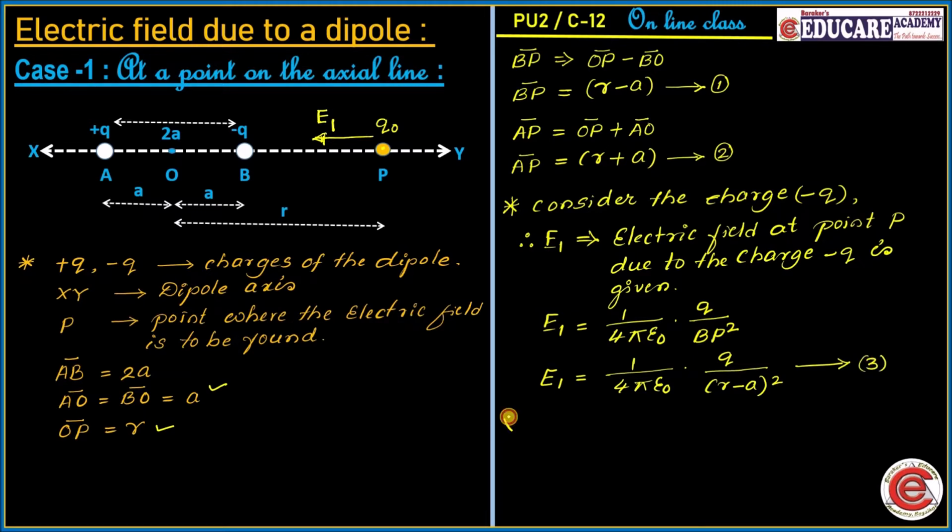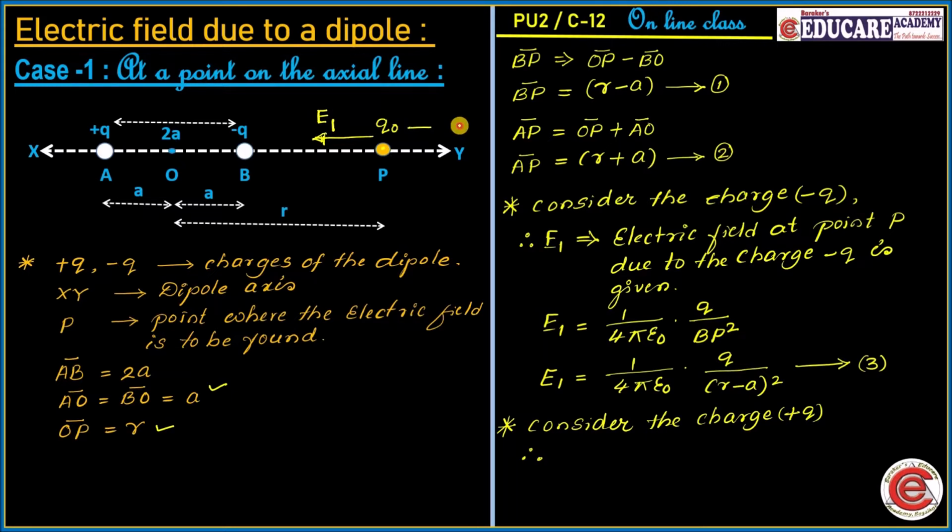In the same way, we consider the positive charge. Now, with respect to the positive charge, this test charge, that is the unit positive charge, experiences the repulsive force, as both are of the same polarity.